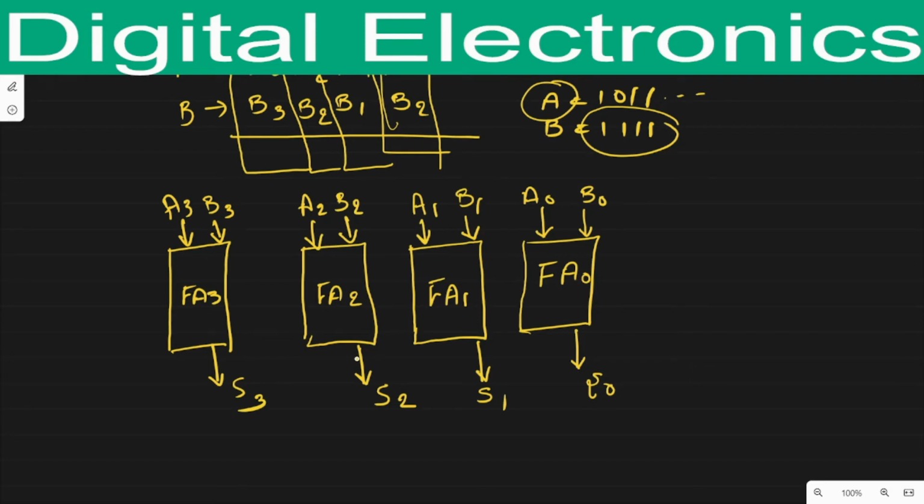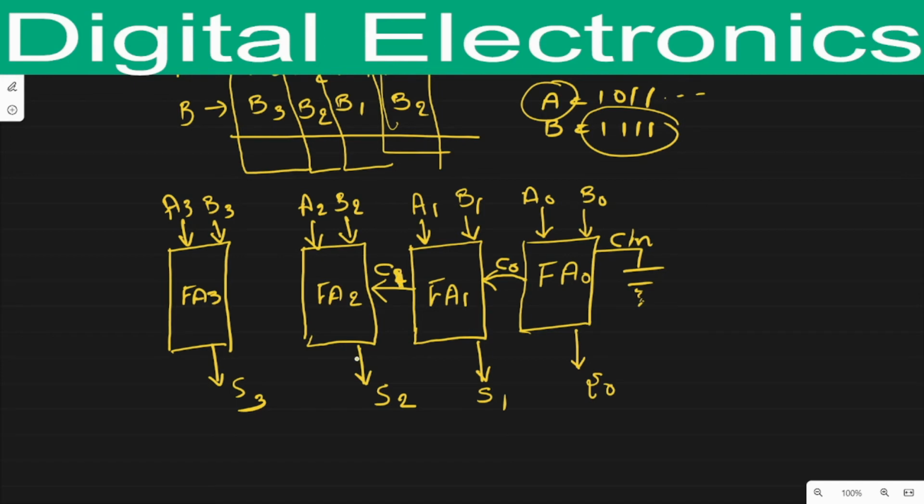Now, in the first full adder, the carry bit is always 0, so I will represent this carry as grounded. When it works, it will generate a carry, C0, and that carry will ripple towards the second full adder.